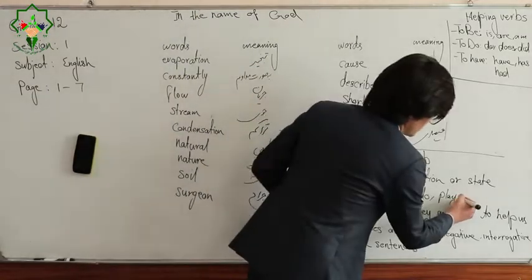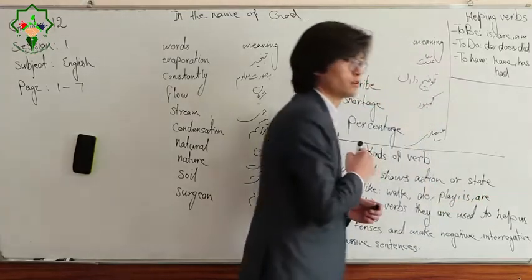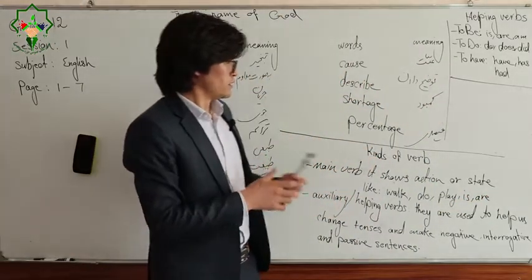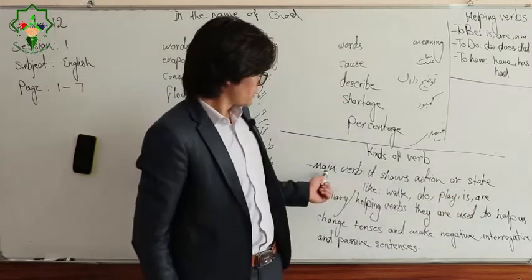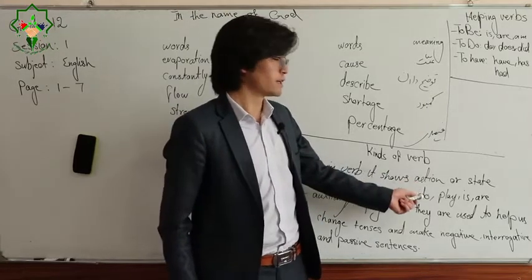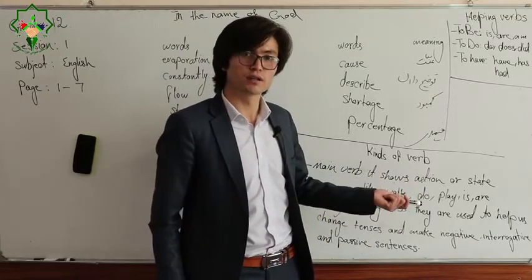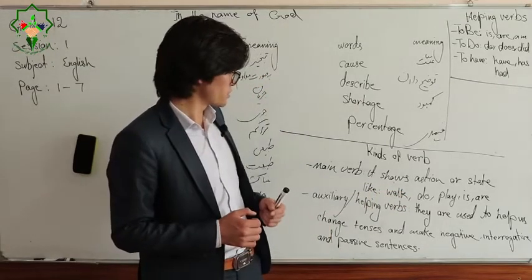Also state, like is, like are. Is and are can be main verbs and also auxiliary verbs, and do can be a main verb or an auxiliary verb according to the sentence and the situation.